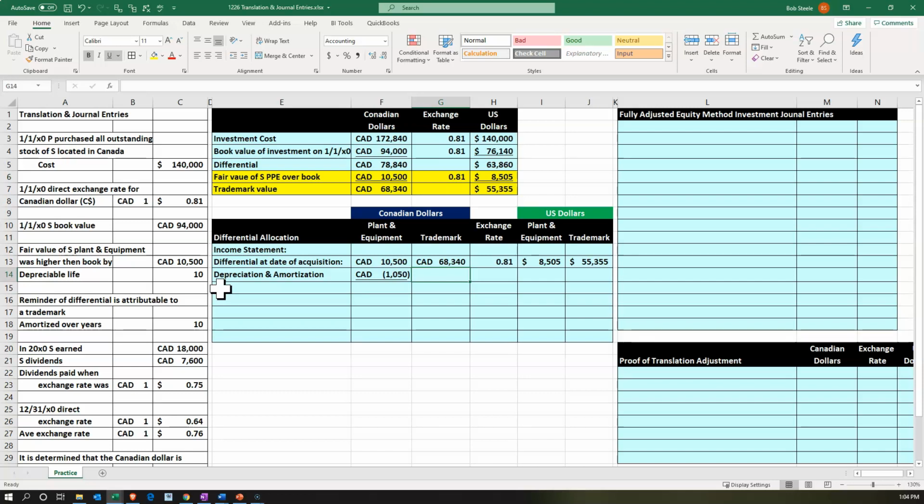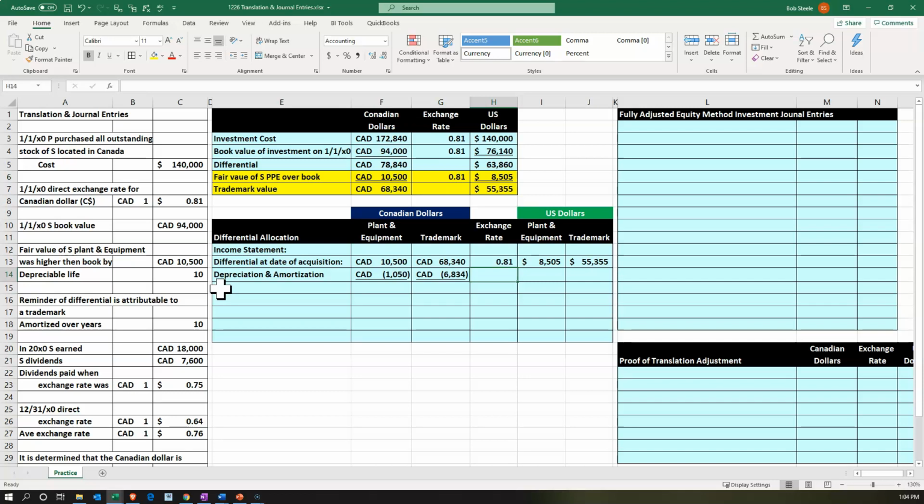And then the trademark we said was 10 years as well, I believe. 10 years on the amortization, yeah. So I'm going to say negative of this number divided by, we're going to pick up the amortization, which is going to be that. So that's going to be the 6,834.